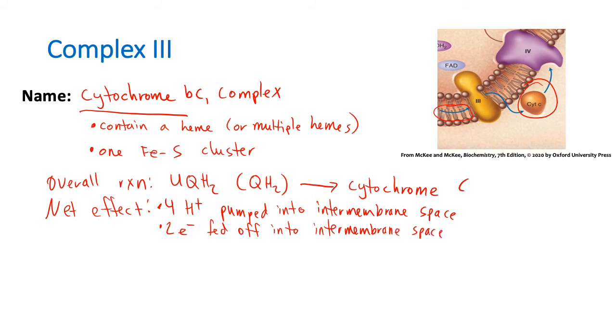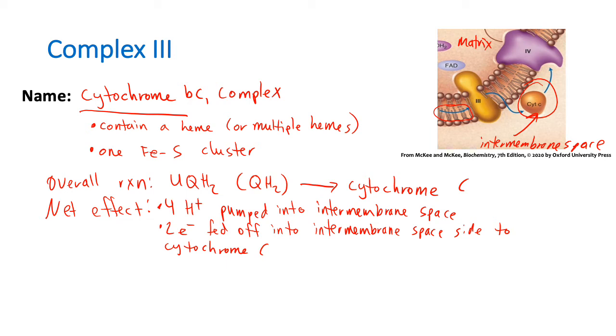Now, that sounds weird, right? Intermembrane space side to cytochrome C. Notice in the drawing right here, cytochrome C, so this is your matrix side. The cytochrome C is in the intermembrane space, and so you have to keep track of where things are.